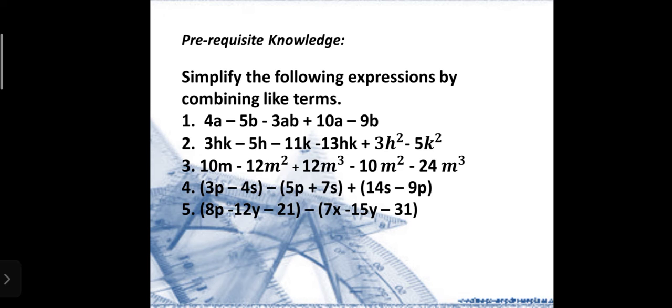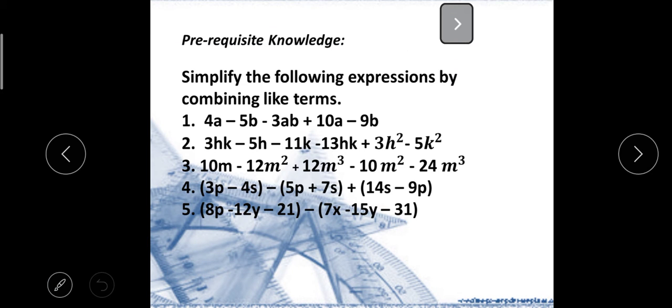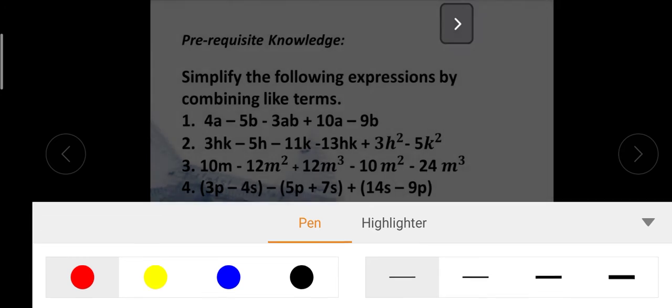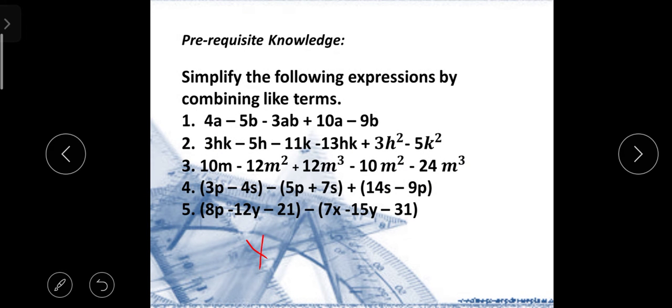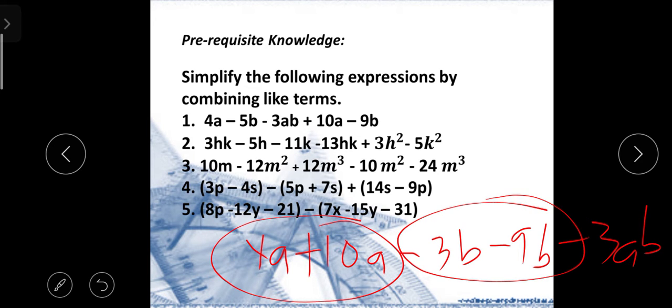So, we have 4a plus 10a minus 3b minus 9b minus 3ab. So, combined like terms, syempre kung ano po yung sign, yun po yung gagamitin natin.